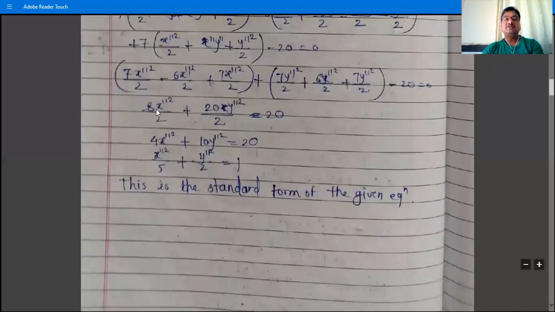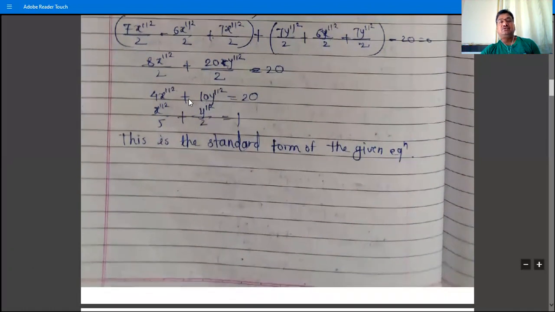So this is 8 x'' square by 2, because 7 plus 7 is 14 minus 6 is 8, and 7 plus 6 plus 7 is 20, so 20 y'' square by 2 is equal to 20.